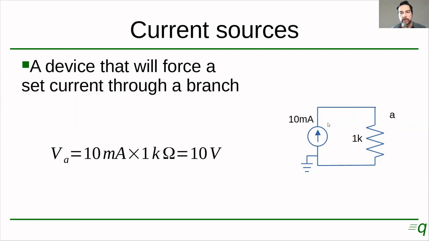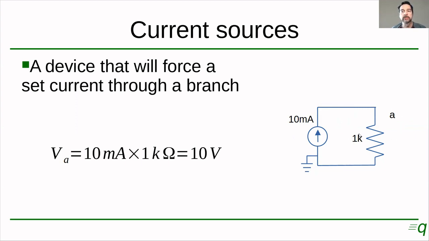If this was a 10-volt voltage source, the voltage at point A would be 10 volts independent of the resistor. But this is not the same thing. This is a source that is pushing 10 milliamps through this circuit. So the voltage here is 10 volts.